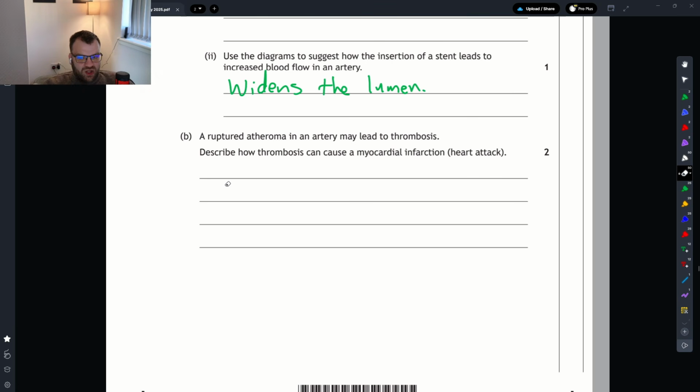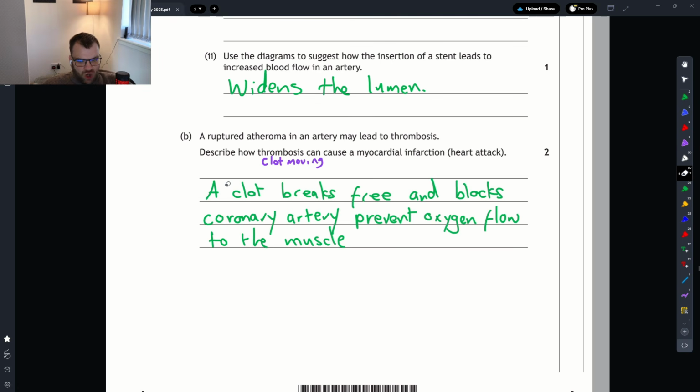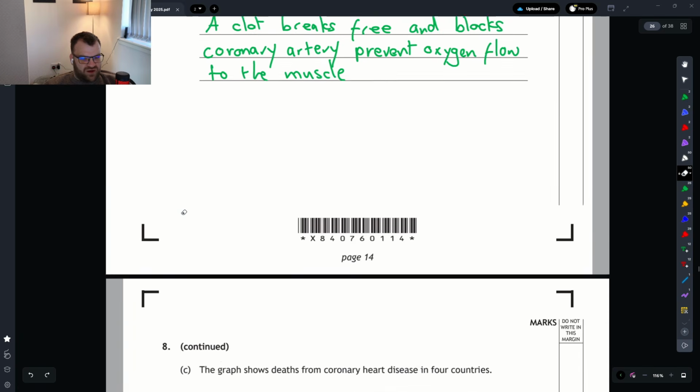We're talking about the clot has moved. So a clot will be broken. A part of a clot or a clot will move, will be released, and it's going to block the supply of oxygen to the heart muscles. Coronary arteries are the arteries that supply the heart muscle with oxygen. So it sounds a bit nice if I put in coronary artery for that one.